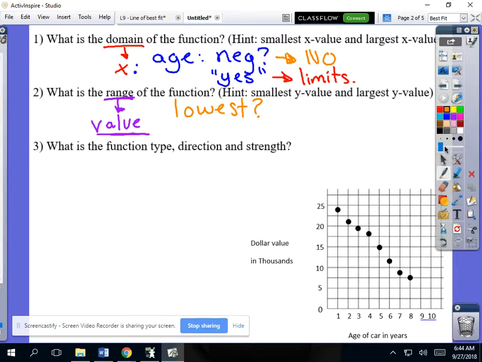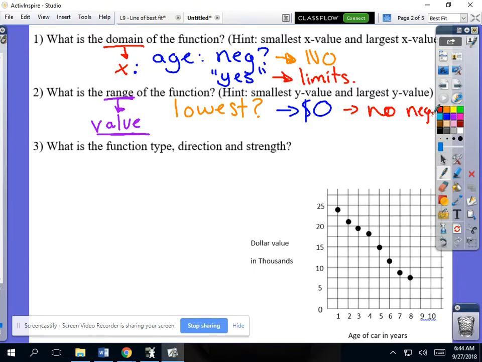Well, eventually our car might be worth $0, right? Maybe not. Maybe you can sell it for parts, I don't know. But really, it can't go any lower than zero, which means no negatives here as well.